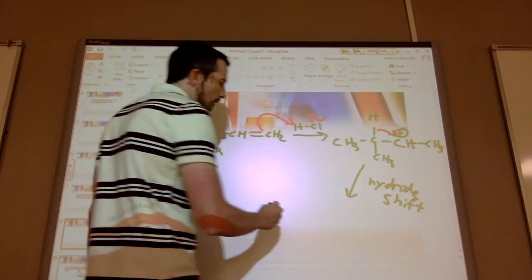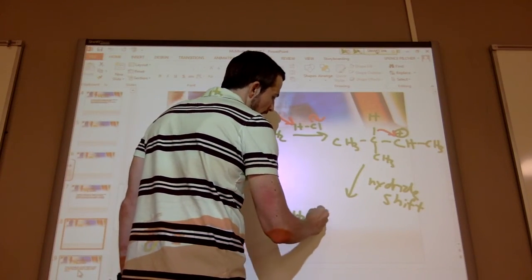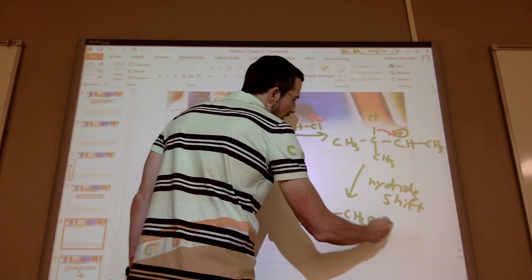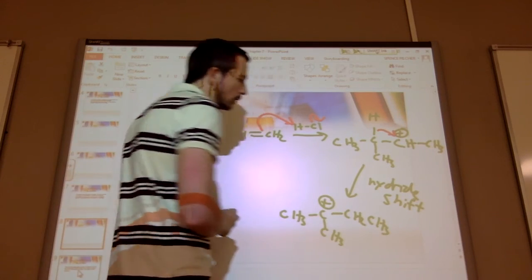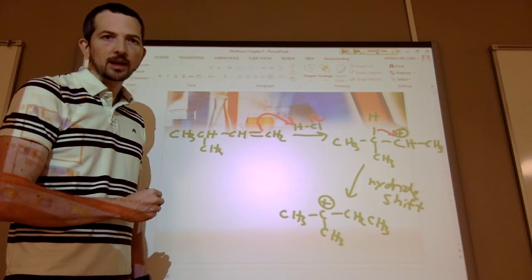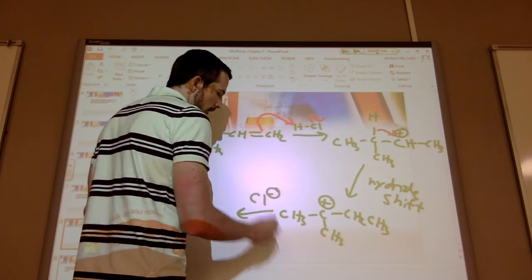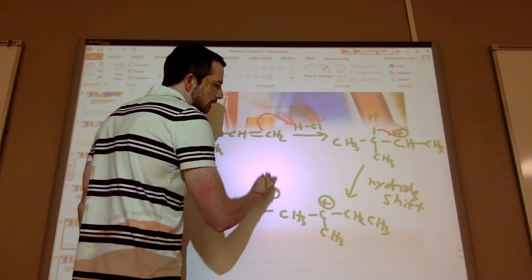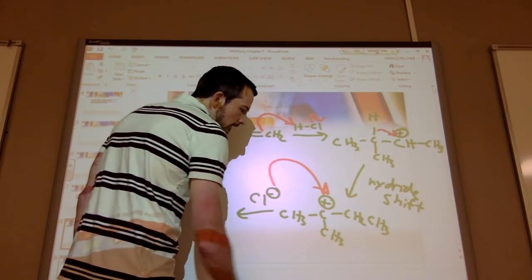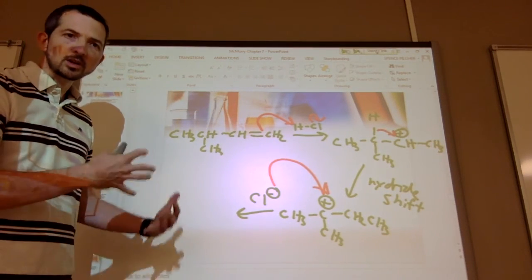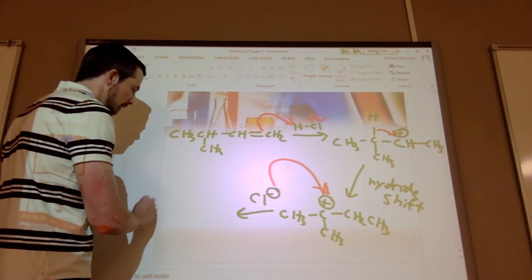So that hydrogen moves over, creating now a tertiary carbocation that's more stable. So then that's how you see the chlorine attaching to that position, that carbon that was not even originally part of your double bond.